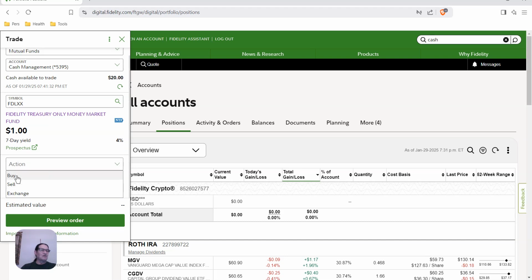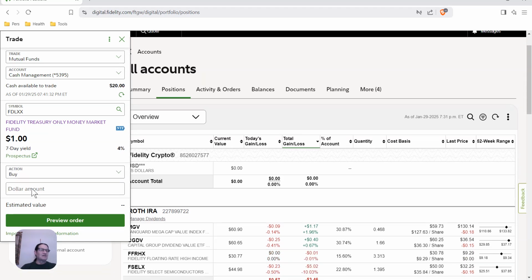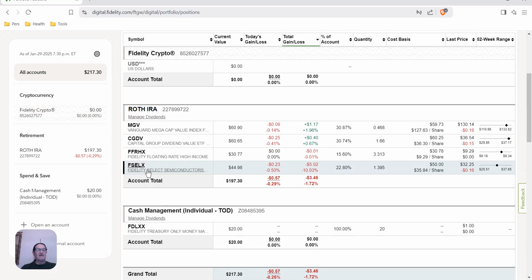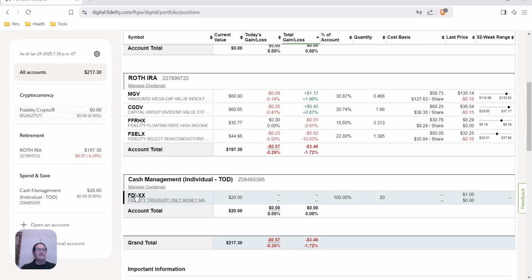The action is I want to buy, and the dollar amount, I'm sorry I did it wrong the first time, is 20, and you click on preview order, and then you get a confirmation ticket, a review ticket, and when everything is okay, click on submit, and you now have a cash management account with a high yield savings account, or one mimicking a high yield savings account, that is state and local tax exempt.